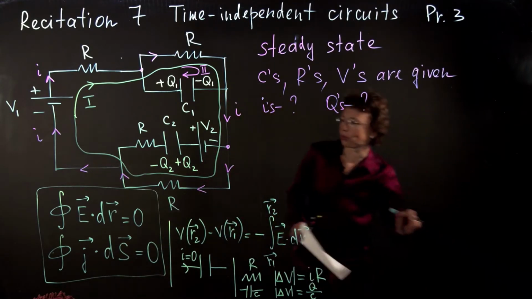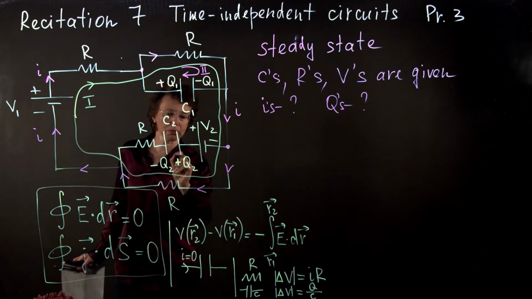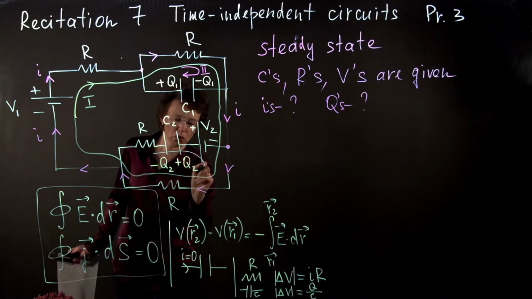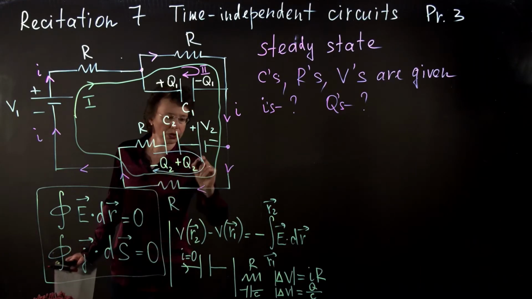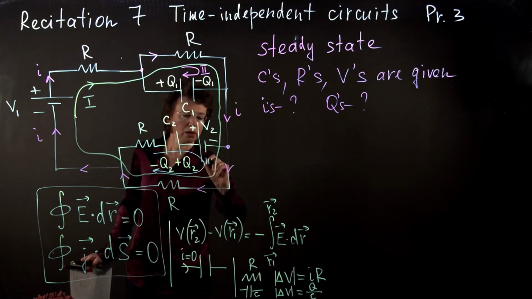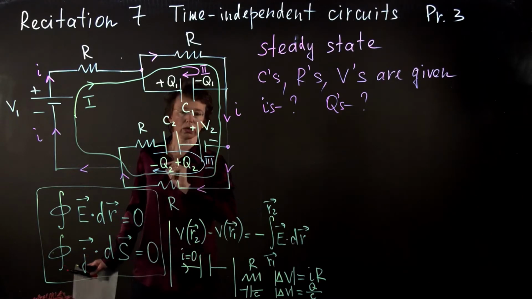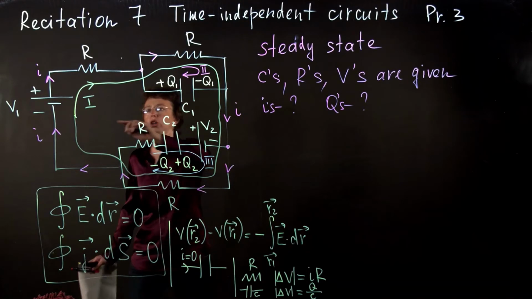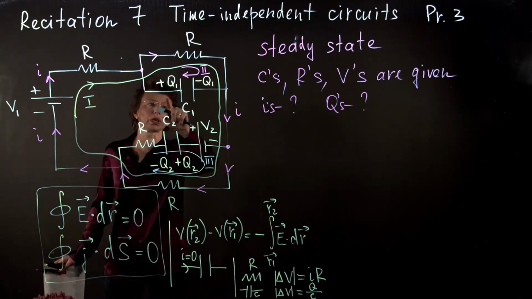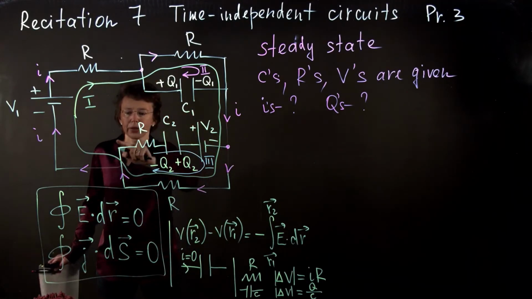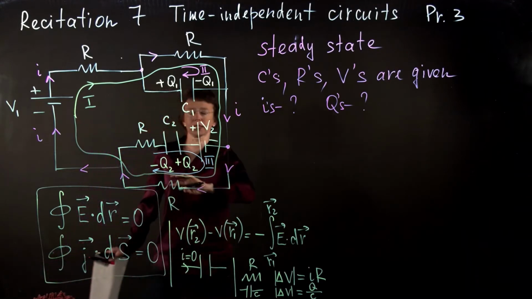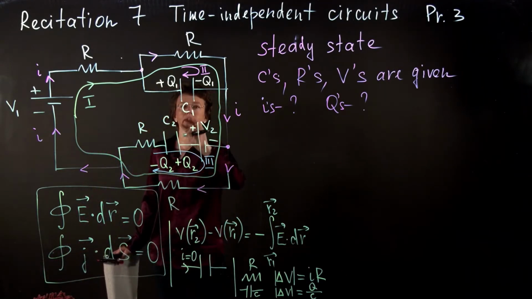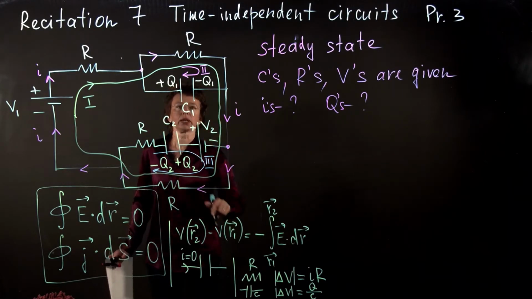My loop 3 will be this small loop. I will go this way around the loop. There is one more loop, loop 4, that will be this loop. But I understand that I have just the number of loops minus 1 independent equations. 1, 2, 3, we are good.